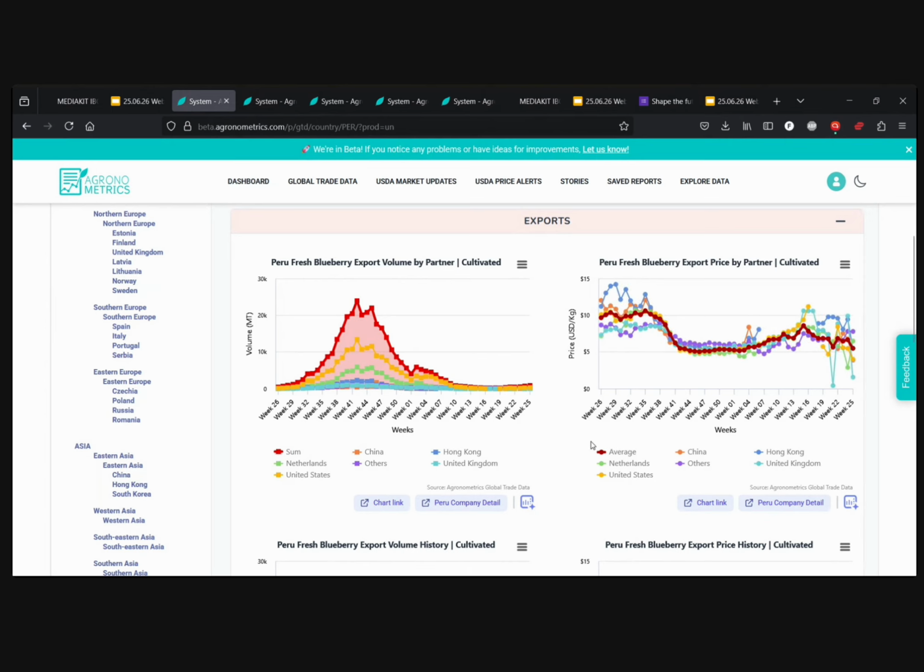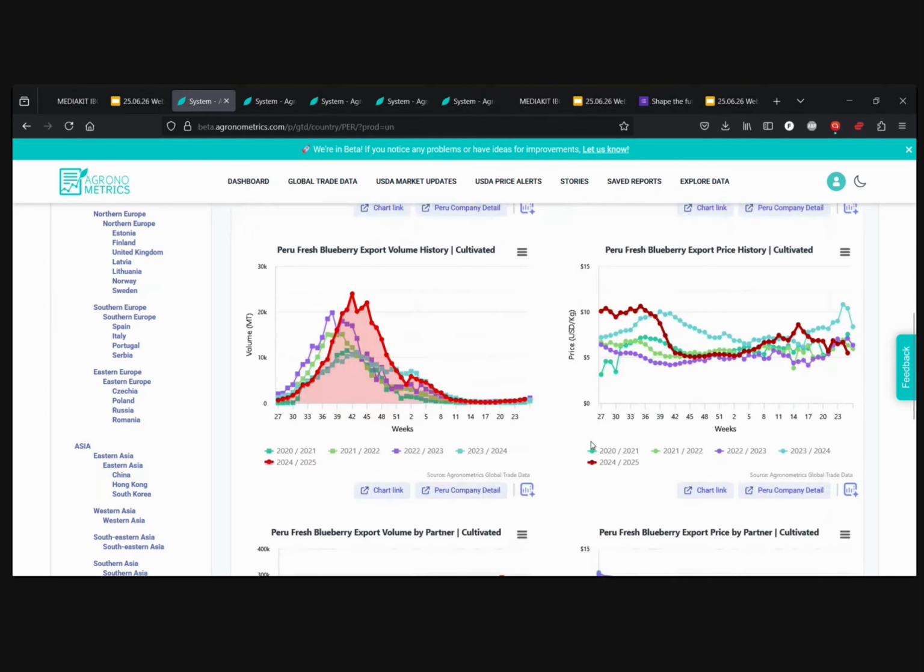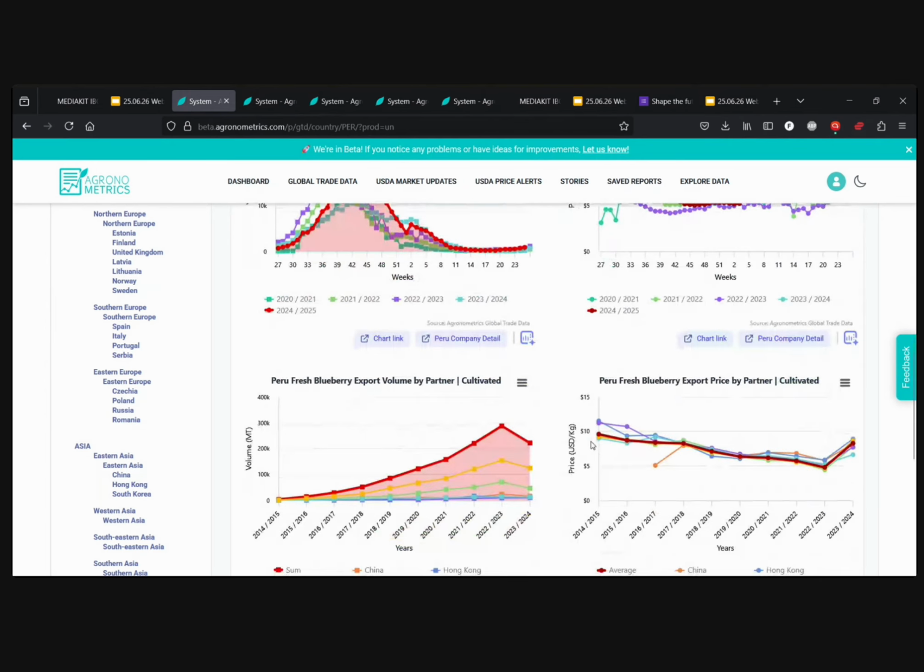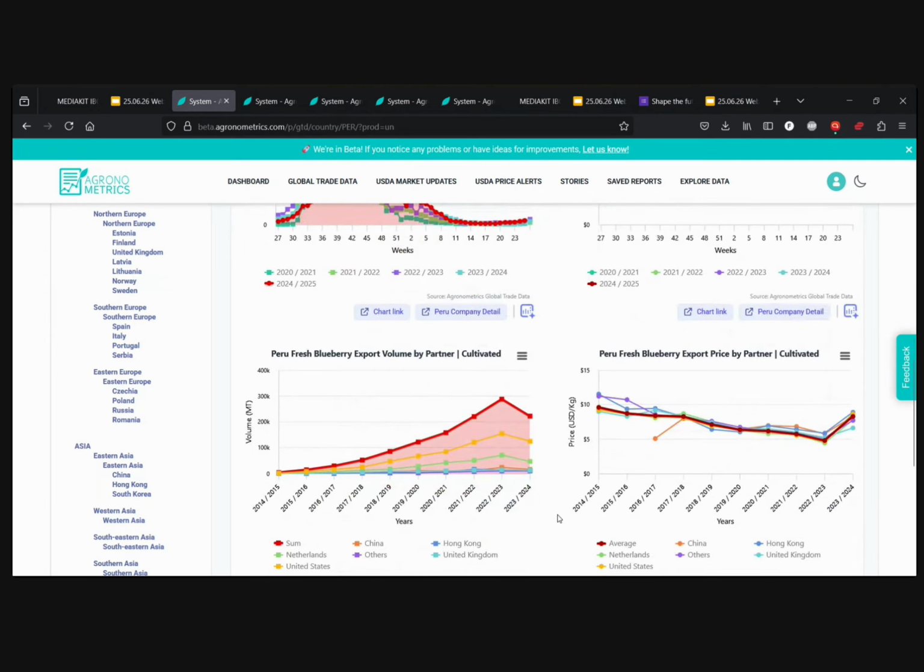If we look at this in historic context, we're able to run this algorithm and this methodology over the entire history. We have more than 10 years of history, but for all intents and purposes, the last 10 years are the most relevant for Peru.